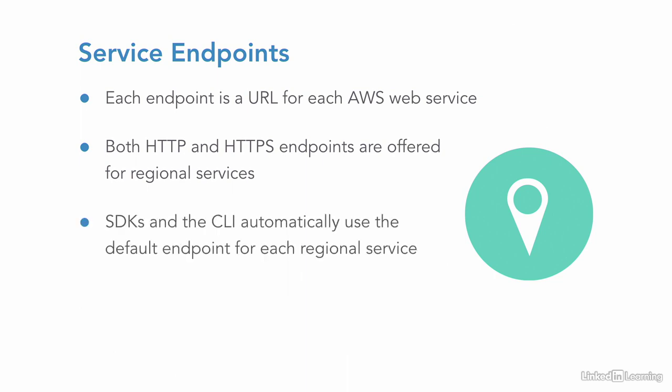If you're doing development, the SDKs, or if you're working from the CLI, the command prompt, you automatically, with these entities, use the default endpoint for each regional service in the region where you're operating. Now, that doesn't stop you from looking up all of the different endpoints depending on where you are in the world, because maybe you're working in multiple regions and it makes sense to not use the default endpoint, but to use a specific endpoint.